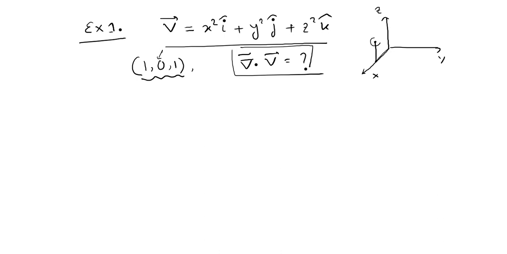So this point lies in the xz plane, and it is (1, 0, 1), right? At that point you would like to know, is there any spreading or shrinking of this vector field, or is there any source or sink in that vector field or not?